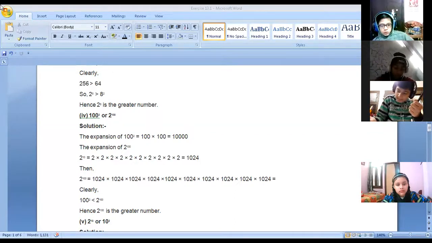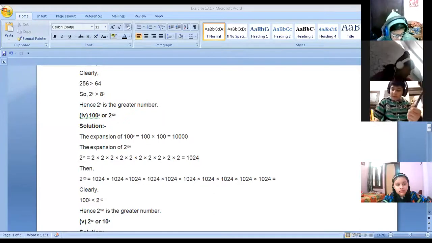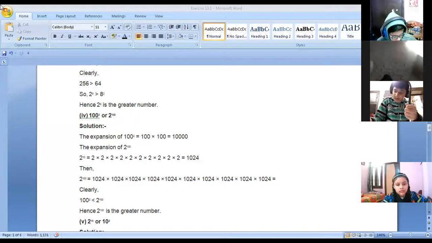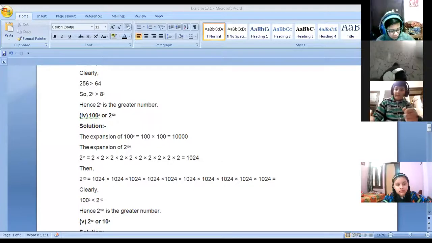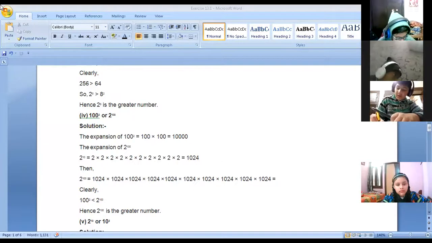There are 3 exercises in this chapter. One we'll complete tomorrow. What is the day tomorrow? Wednesday. Thursday, Friday, 2 days. Friday, Saturday. Let's see.